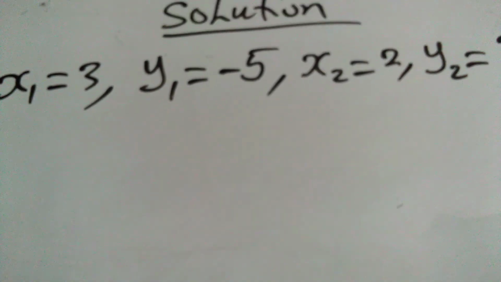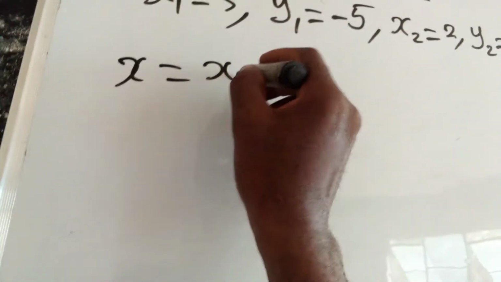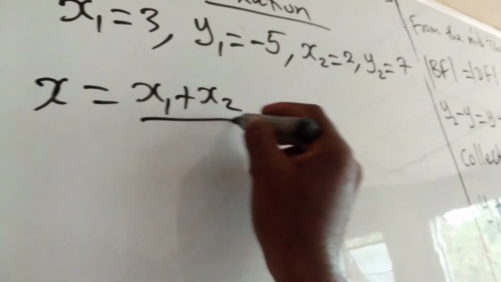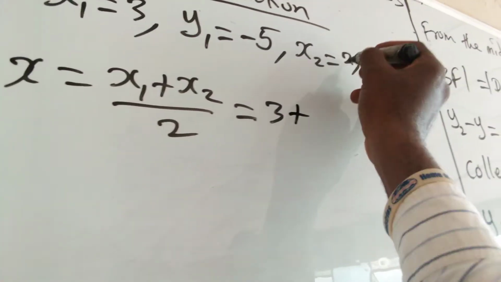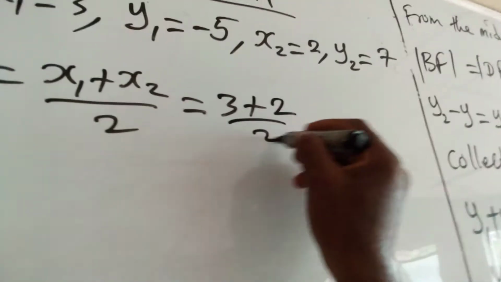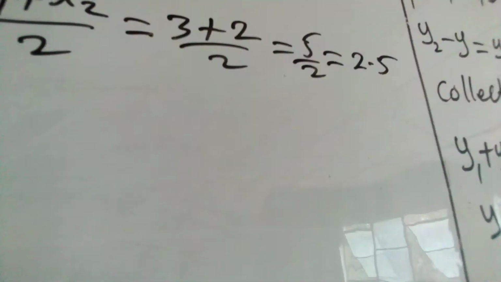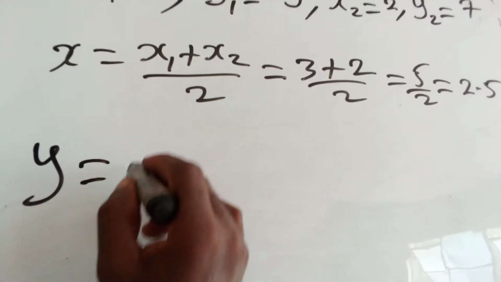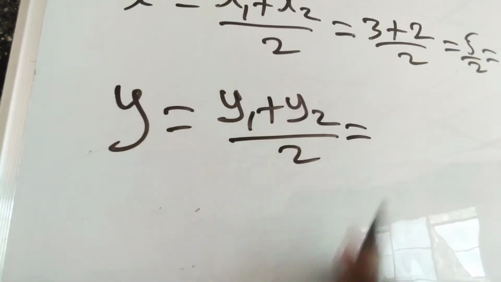So you now write the formula. The formula says that x will be what? x1 plus x2 all over 2. What is your x1? 3. What is your x2? 2, all over 2, which is 5 over 2, giving you 2.5. For y, you say y1 plus y2 all over 2.